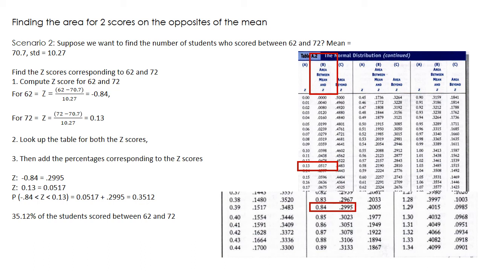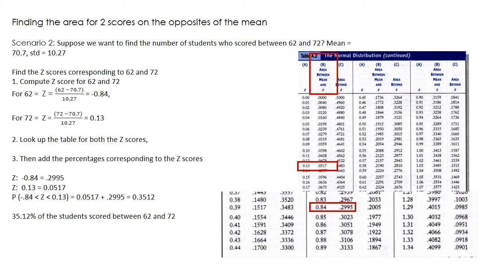For 0.84, the area between the mean and z is 0.2995. For 0.13, it will be 0.0517. So look up the table for both scores and then you add them to get the percentages.